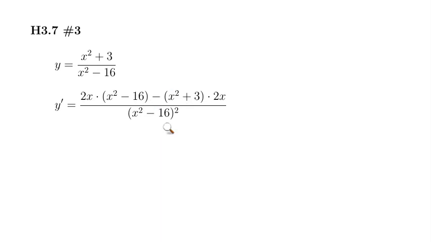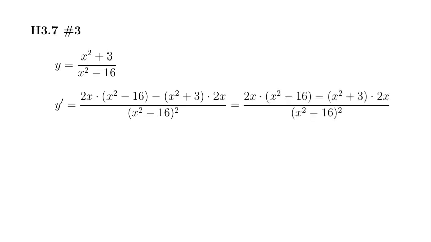After that, we just need to simplify a little bit. The denominator looks good, so I'm going to copy that. For the numerator, I don't like having all that stuff in there.